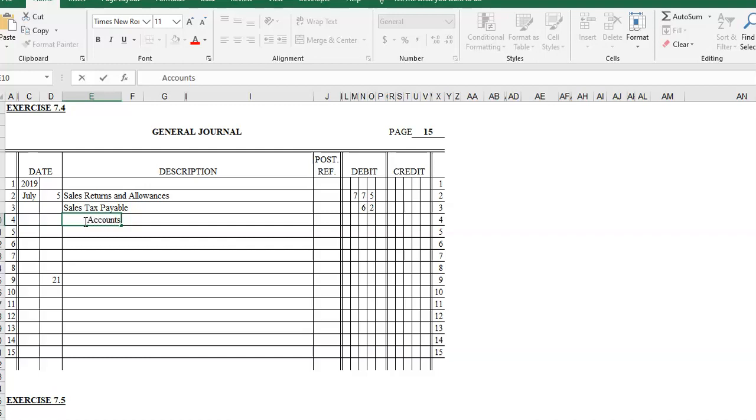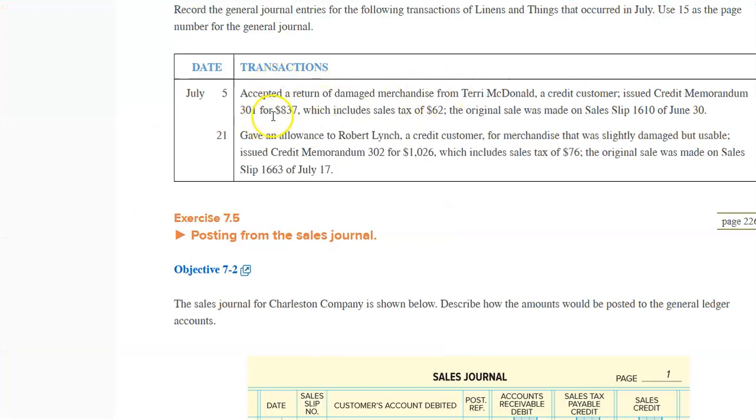This person returned something. Okay. So the total amount back to them is $837. Let's just check and make sure that's $837 down here. $837.